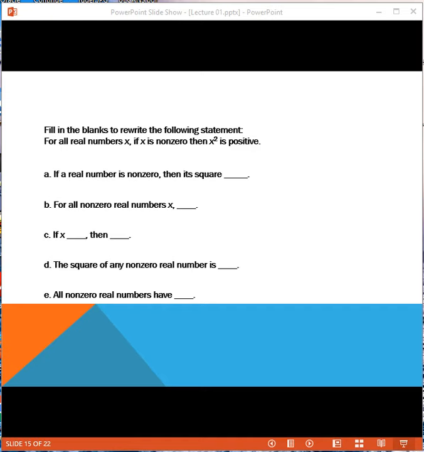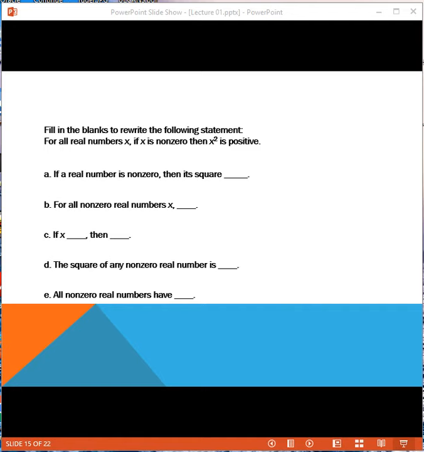Here's another way we can make it conditional. In C, if x is a non-zero real number, then x squared is positive. And yet another way we can make it a universal statement. Universal statements are going to have all or every or any as qualifiers.